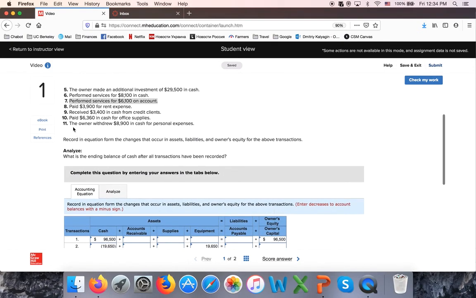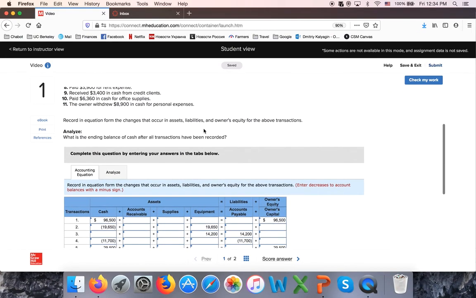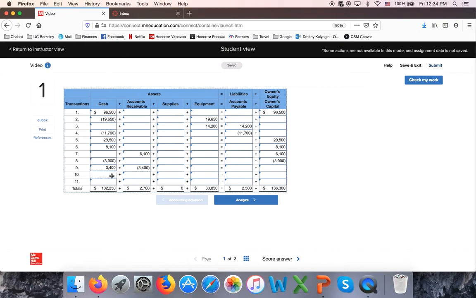And then two more transactions. I paid 63.60 cash for office supplies. 63.60 negative. Guys, this is not an expense. Remember, we talked about it. I am buying supplies and I have them. I have not used them yet. It's my asset. I have not used those supplies to earn revenue.